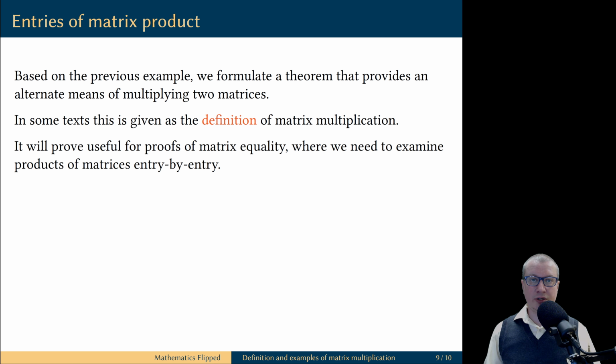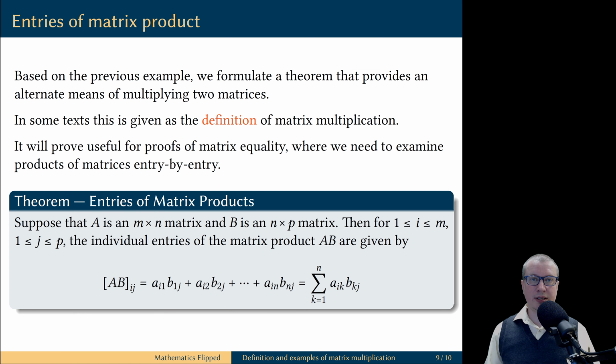But our observation in this last example, that to compute any given entry in the product matrix, all you need is a row of the first matrix and a column of the second matrix, allows us to create an alternative definition of the matrix product. When we define this product entry by entry, we will simply say what each entry of the matrix product is.